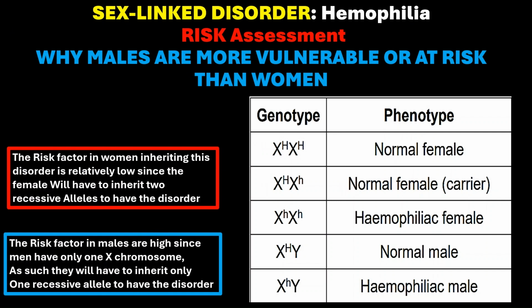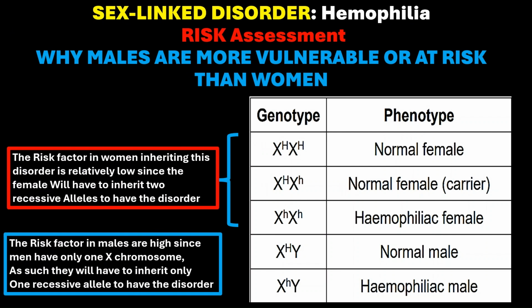Now let's look at the risk factor in males. We have to understand that the risk factor in women and males differ. The risk factor in women inheriting this disorder is relatively low. As you can see on your screen, there are three types of genotypic combination for female. The phenotype is that the female can be normal, a normal female who is a carrier, or a hemophilic female.